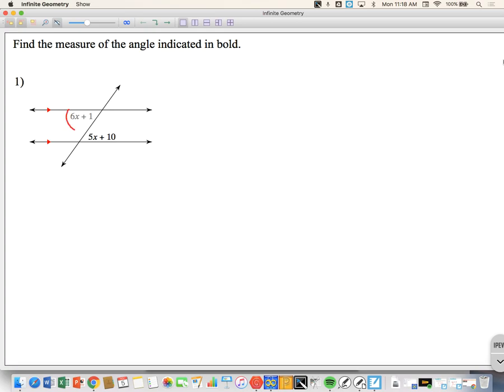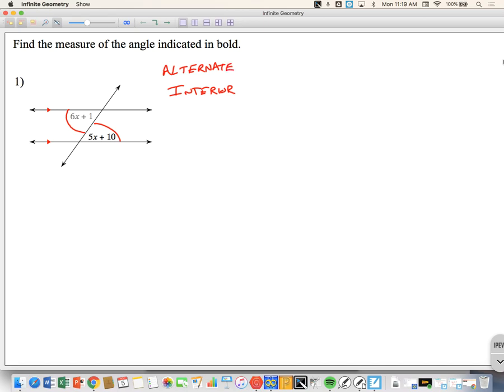So we're talking about this angle and this angle, because those are the two angles we have information about. Those two angles are inside the parallel lines, which tells us they are interior angles. They are also on different sides of the transversal, which tells us they are alternate.